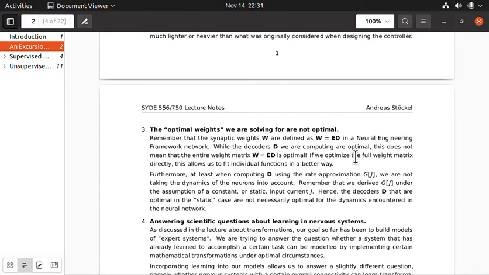Also, when we solve for our decoders, we are assuming Gaussian noise. That's not necessarily exactly right. We might want to be able to adjust that, and there might be better weights than the ones that we solve for because those assumptions might not be completely valid.